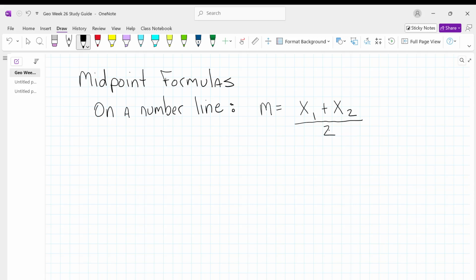Or the middle. So if you had something like this number line here, and point A was at -10, and point B was at 7, and you were asked to find the midpoint of AB.